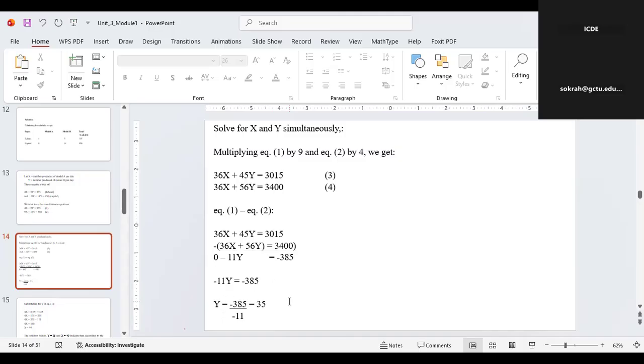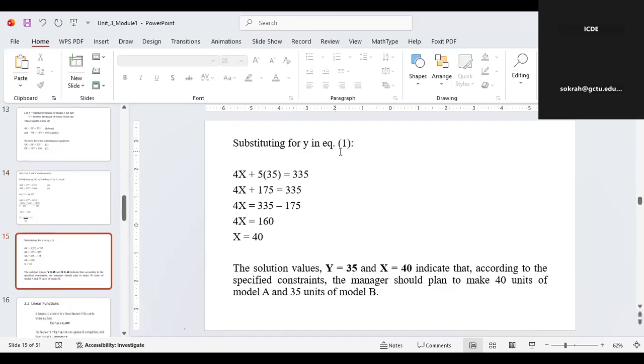You now go back to the original equation 1 or 2. Choose any of them. Wherever you see y, you replace it by 35 and solve for x.